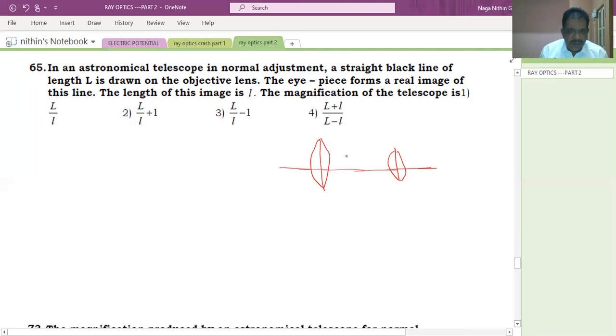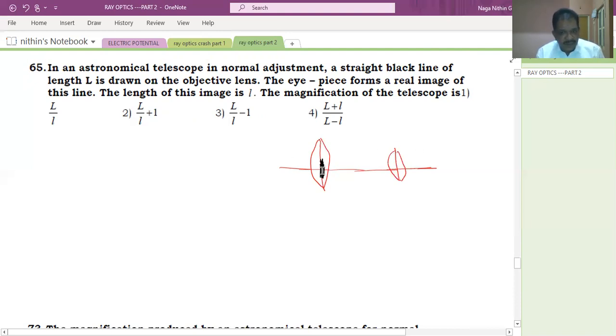A straight line is drawn here, its length is capital L, they mentioned. The eyepiece forms the real image of this line. The length of the image is l. The magnification of the telescope is how much, they are asking.